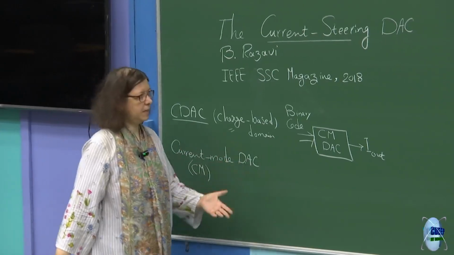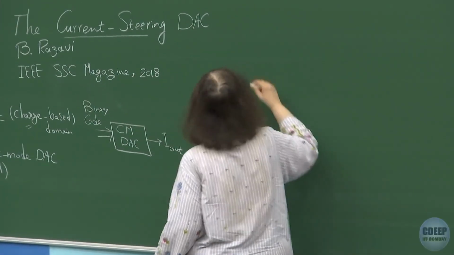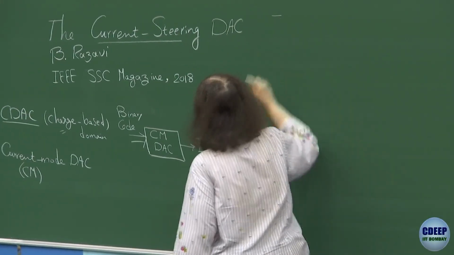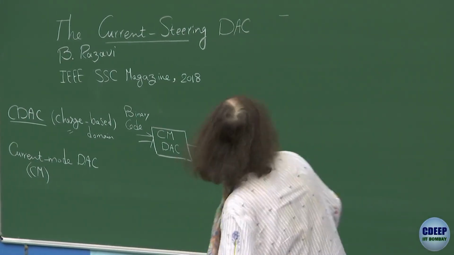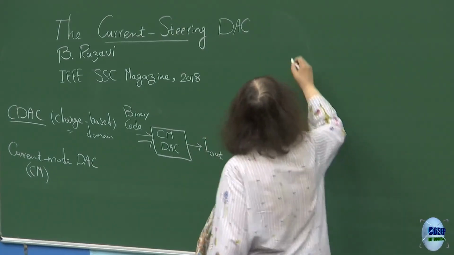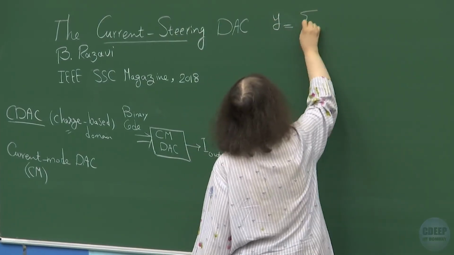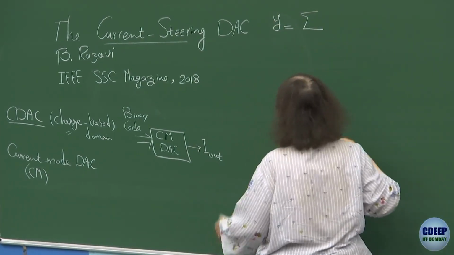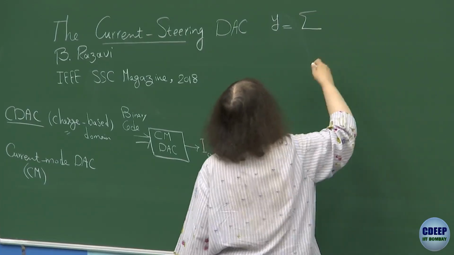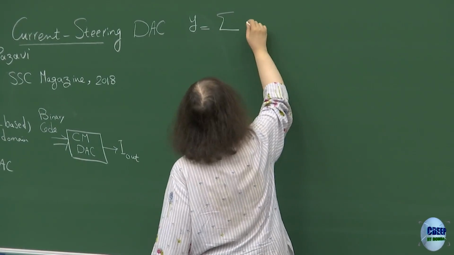So what is the overall explanation of a DAC? A DAC eventually gives you the output in general. If Y is the output, it's eventually a summation of the bits at the input multiplied by their binary weighted value, with some LSB size.